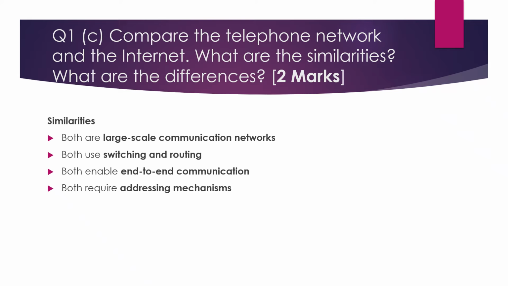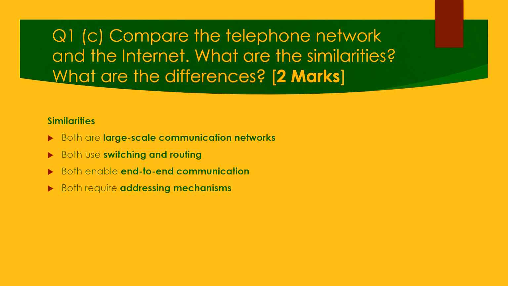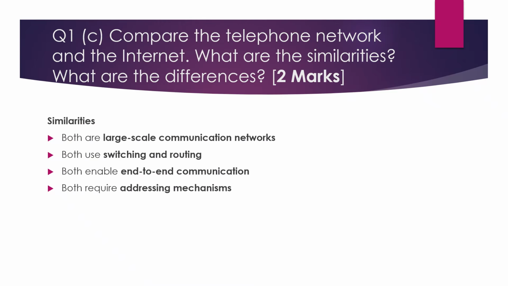Similarly, let me give you a small explanation of the internet. The internet is used for data, videos, messages, emails and calls. In the telephone network, a connection is established when you call the person.